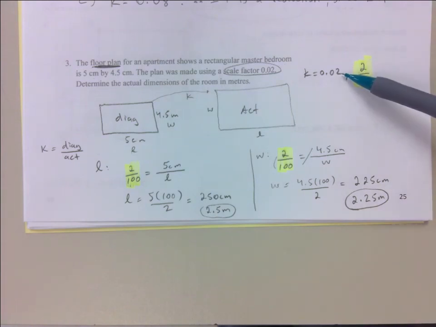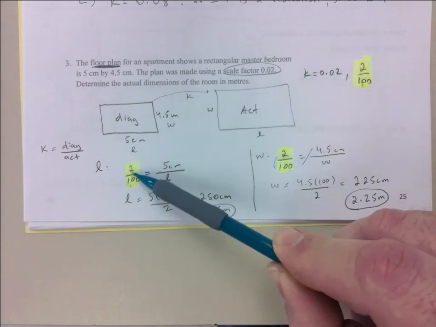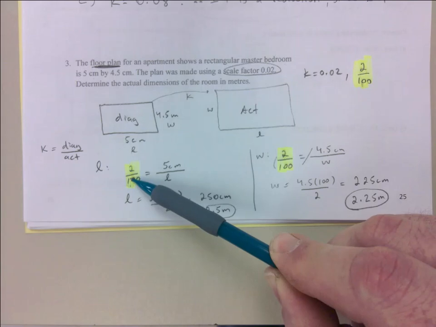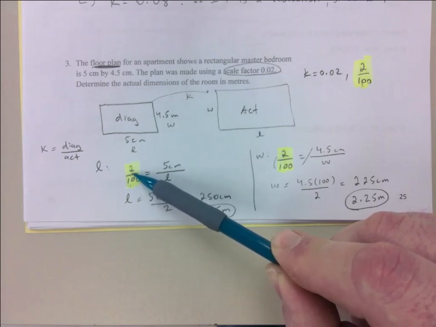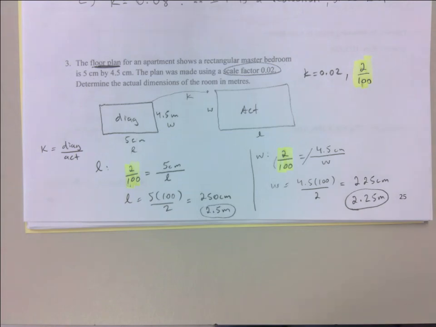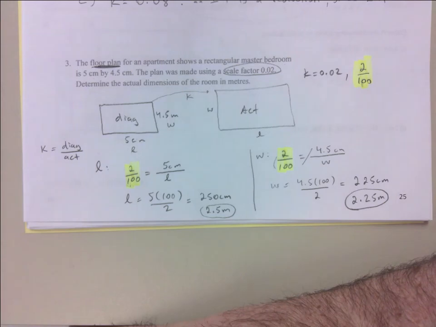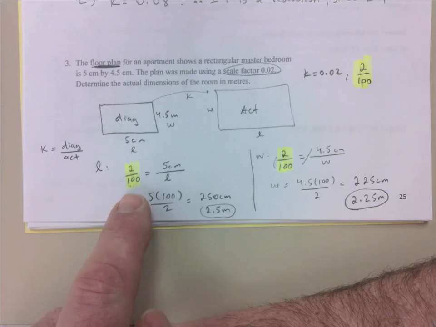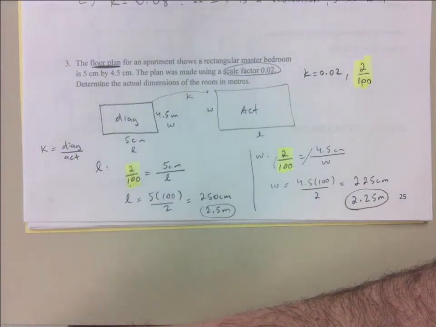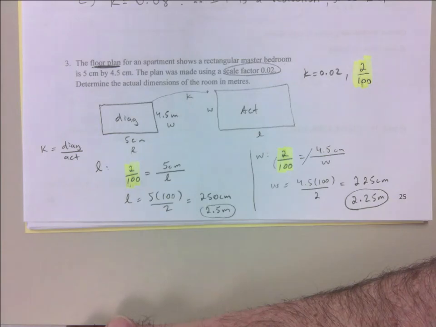Could you have just kept it at 0.02 and plugged in 0.02 over here? Yes. Why are you using fractions? Because down the road, there'll be uglier fractions and we might have to square them or cube them. So I like to stay with fractions so we don't lose any decimal places.